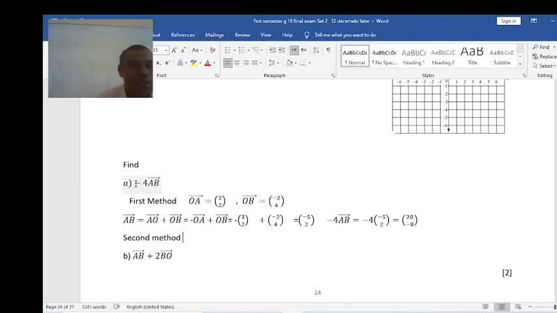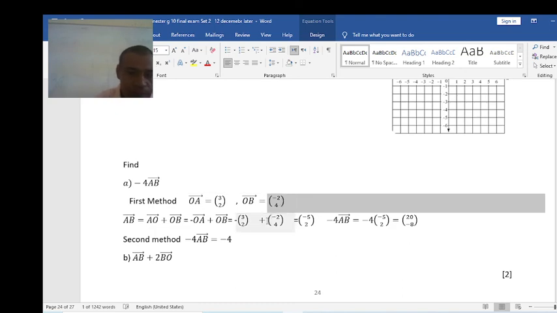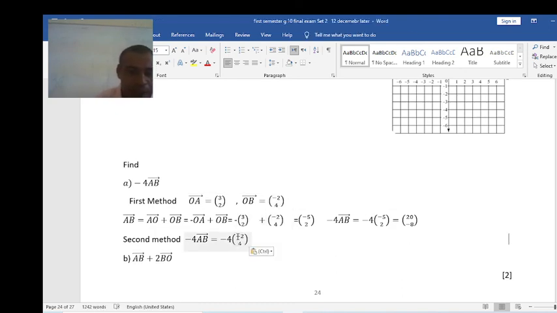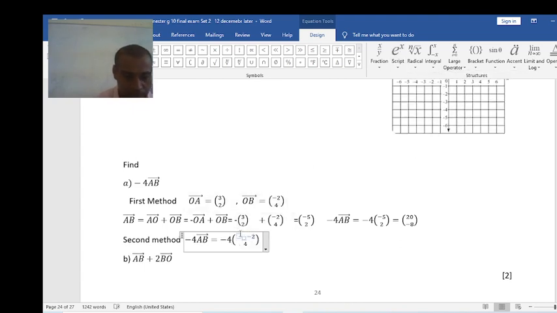We have negative 4AB equal, look, it's very easy here, negative 4 multiplied by xB minus xA.